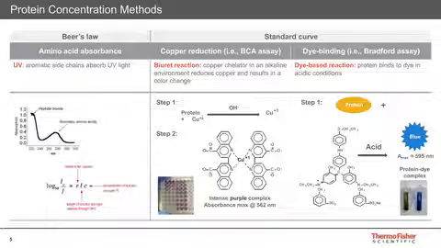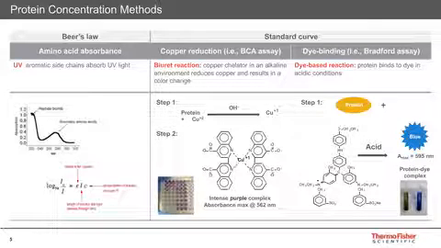Now, for Beer's law, the aromatic side chains absorb light. Their absorbance can be measured at 280 nanometers. Now, the equation is absorbance is extinction coefficient times the path length times the concentration. So from this equation, we can see that the absorbance at 280 nanometers is directly proportional to the concentration.